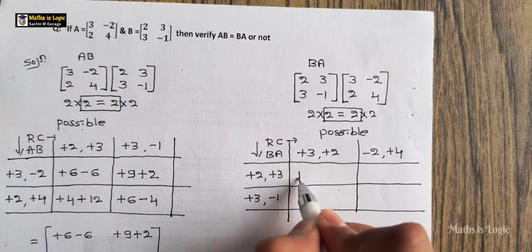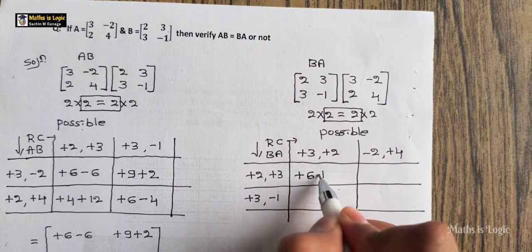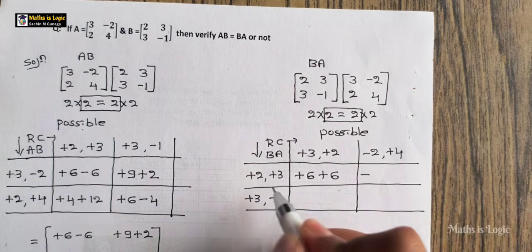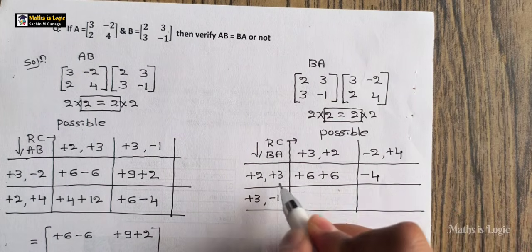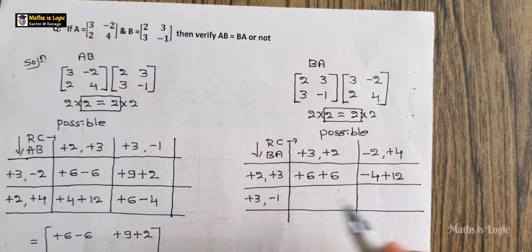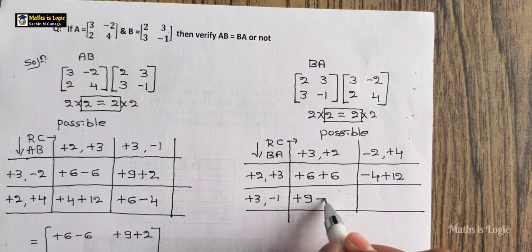So plus into plus, plus 2 into 3 is 6, plus into plus, plus 3 into 2 is 6, plus into minus, minus 2 into 2 is 4, plus into plus, plus 3 into 4 is 12, plus into plus, plus 3 into 3 is 9, minus into plus, minus 1 into 2 is 2.